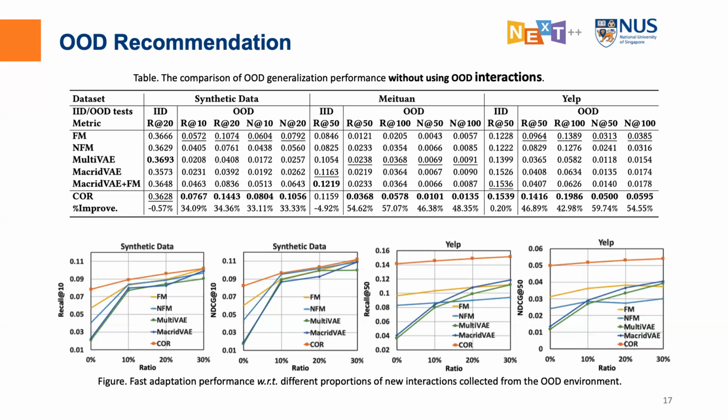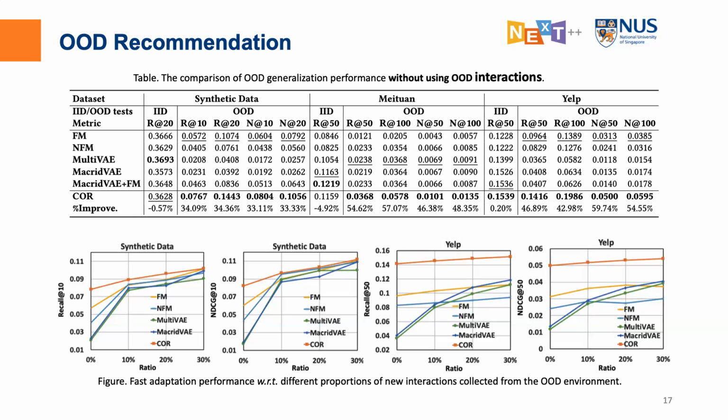If the user consumption level increases or decreases, we define it as an OOD environment. For Yelp, it's location changes. If a user changes their location, the interactions will be totally different. And this is fast adaptation. It means that we give some OOD interactions, the new interactions, and we compare their performance. Any questions?